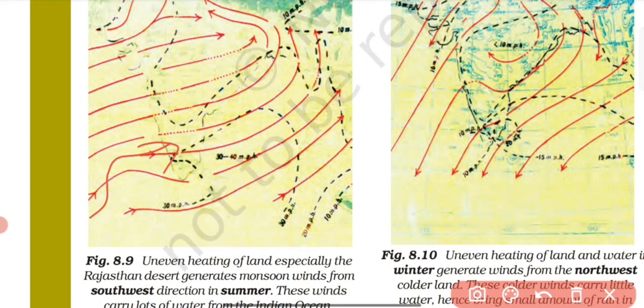Mostly it occurs in the monsoon season, and when it occurs in the monsoon season, lots of farmers get relief. The reason is they need not irrigate their land, and that is why it is good for the farmers. But whenever these types of winds occur at any other time, not in the monsoon season, it creates a problem for the farmers.